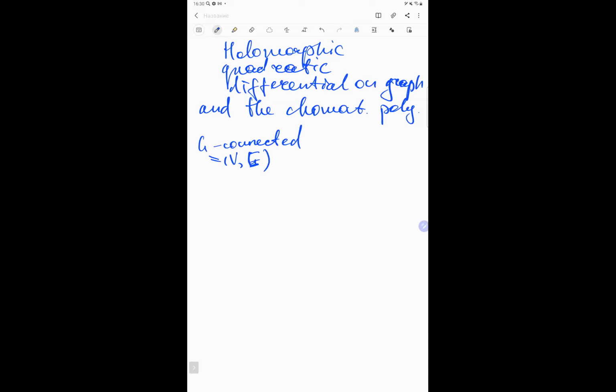And you say that there is a special set, boundary vertices, and the rest of the vertices are called interior.